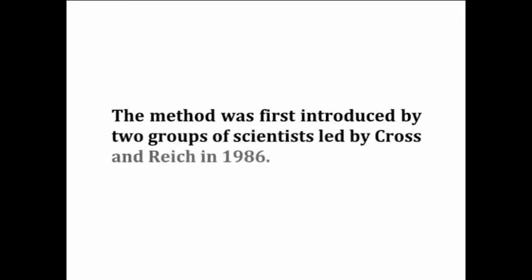The method was first introduced by two groups of scientists led by Cross and Rich in 1986. The glass micropipettes have a 0.5 to 10 micrometer diameter tip, which will be used for transfer of DNA into the cytoplasm or nucleus of a recipient cell.